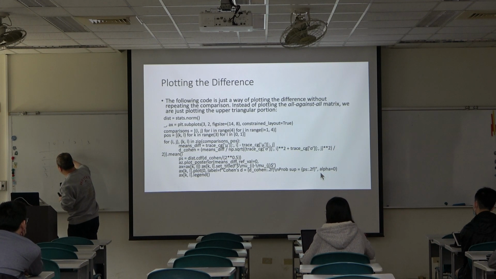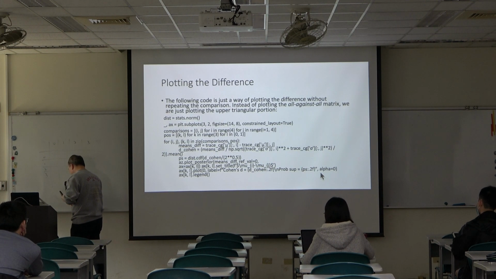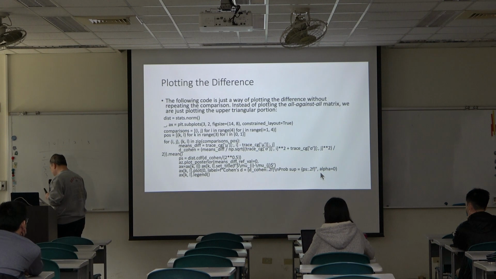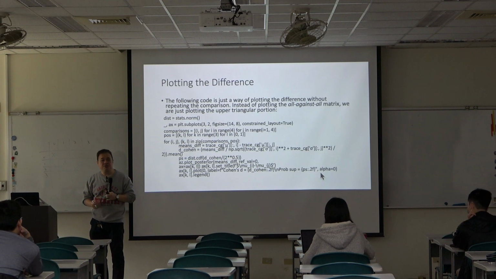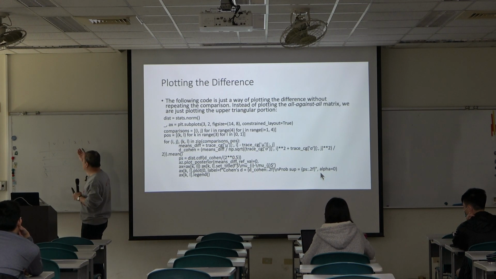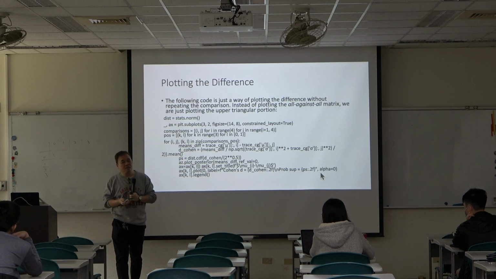So the diagonal is gone. You don't compare one model against itself, so don't do that. And this metric obviously is symmetric, so if you have this, you don't need this, right? So you only need the top triangle. That's what we meant.